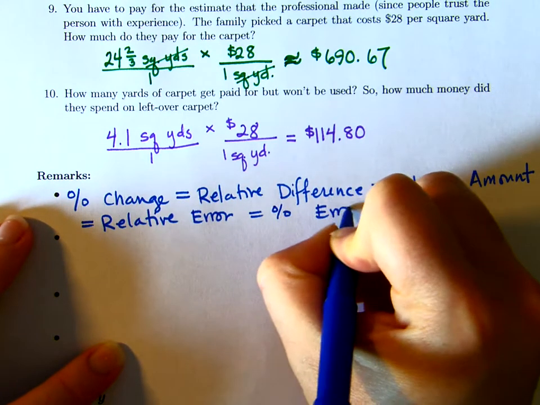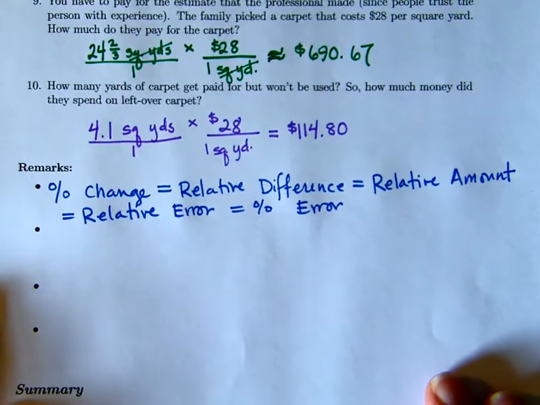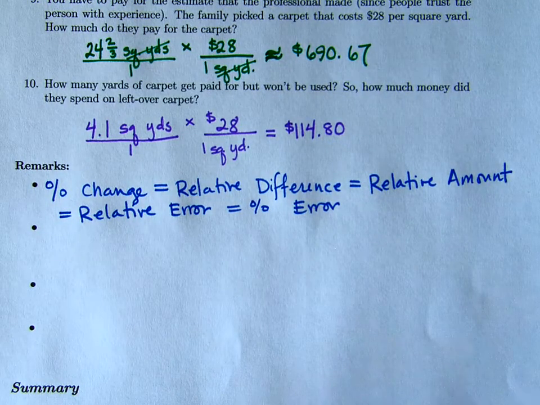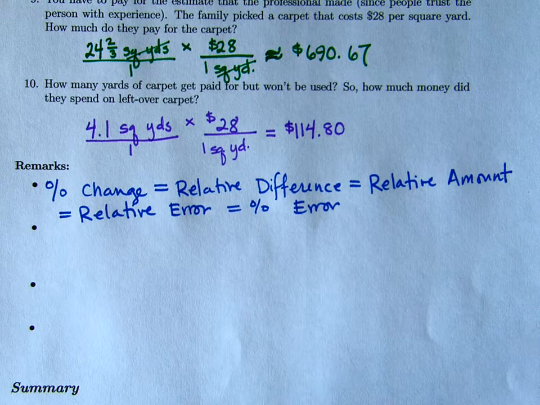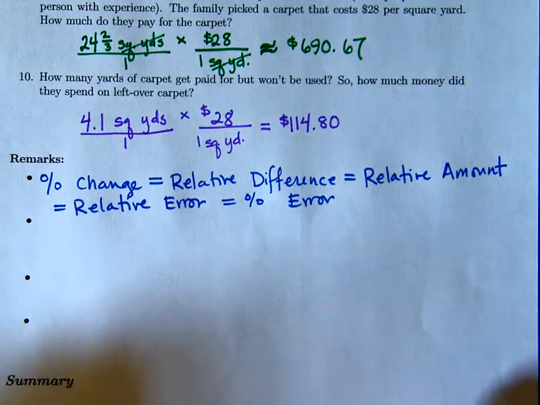I'm just listing this because these are all the same thing, and they're all that same formula of change compared to the original. But there are so many different ways that people phrase this when they're actually speaking English.